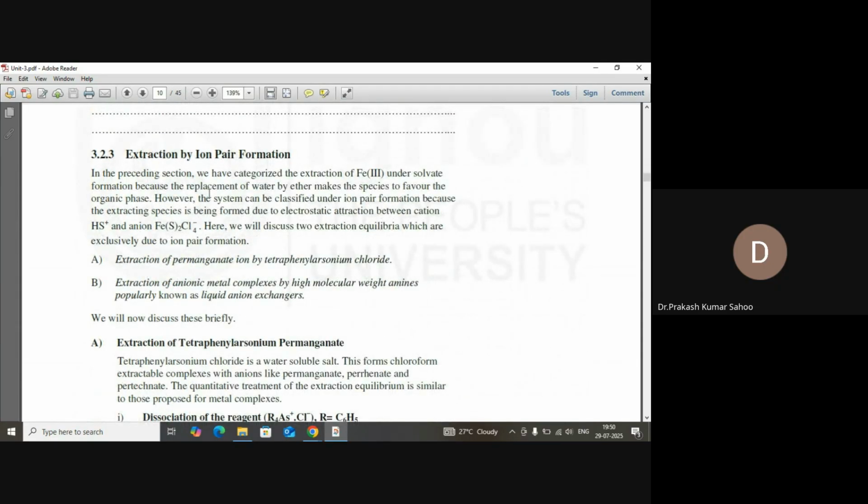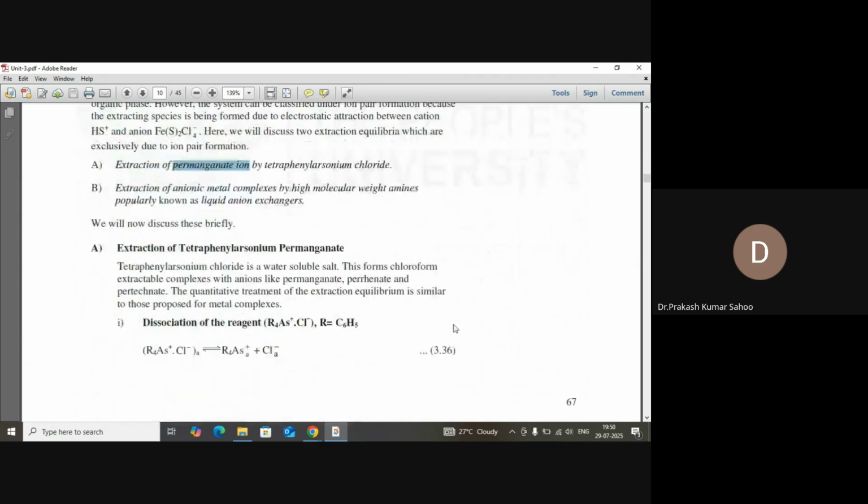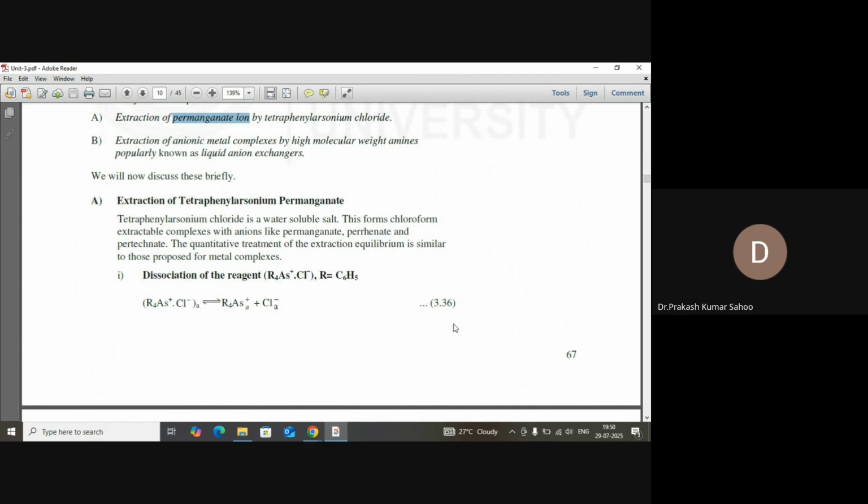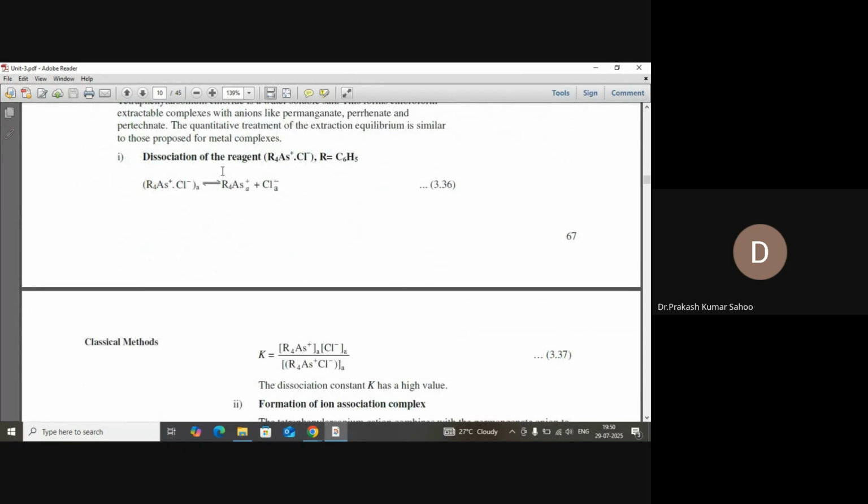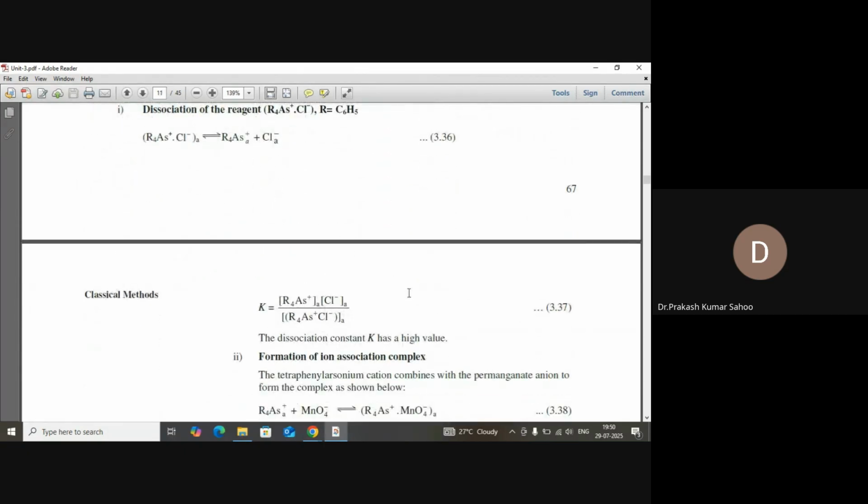Then extraction by ion pair formation. We have many types of ions that can be formed, like the permanganate ion, that is MnO4 minus, and dichromate Cr2O7 2 minus. So this is dissociation by reagent. Okay.